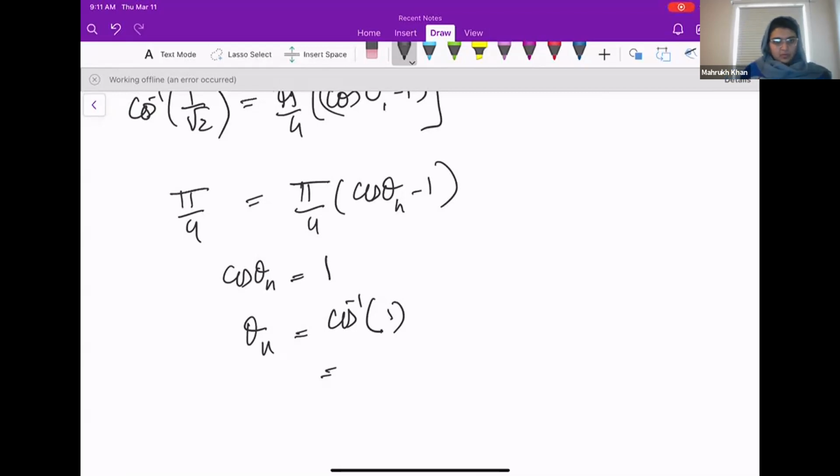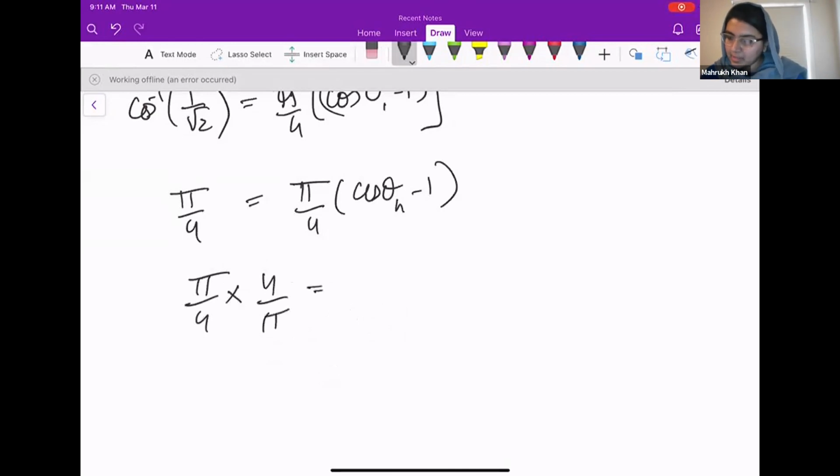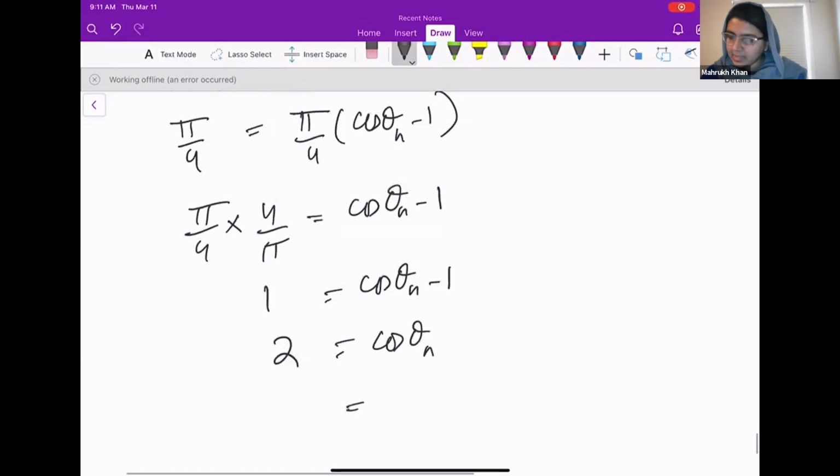There is something wrong here. One minute. So this is pi by 4, 4 by pi, and this is cos theta h minus 1. This is already 1. So this is cos theta h, 2. And then this is cos inverse 2 and theta h.